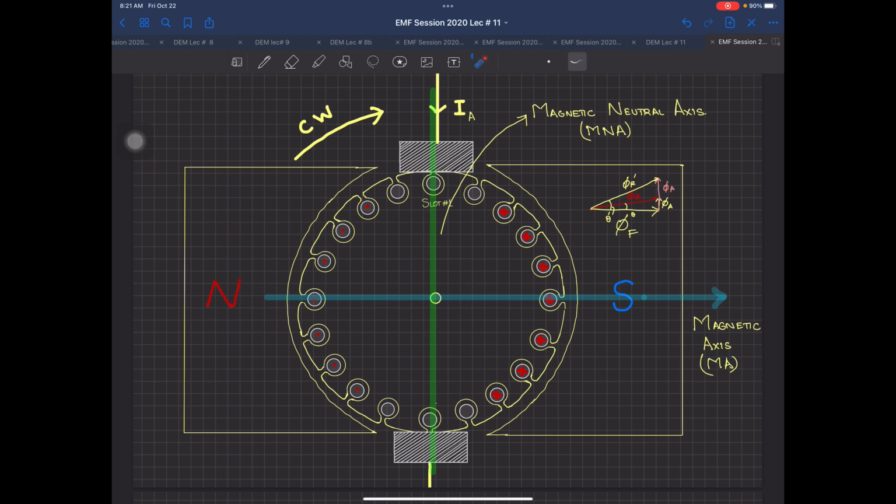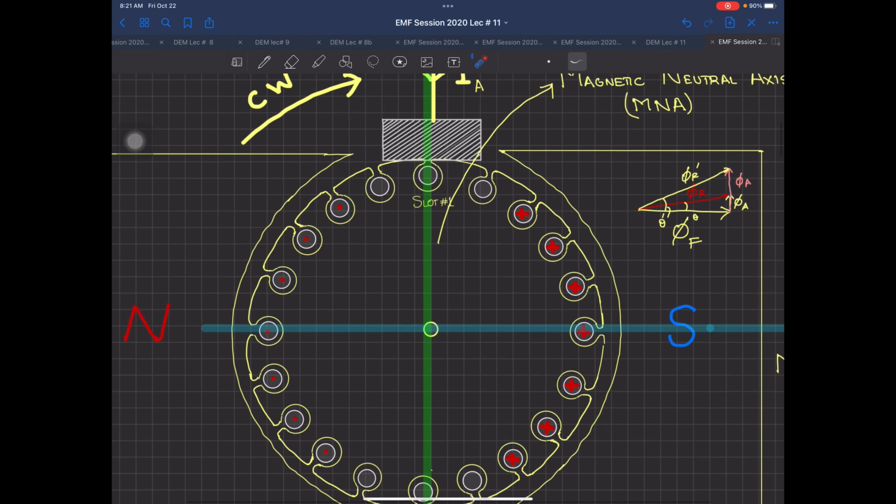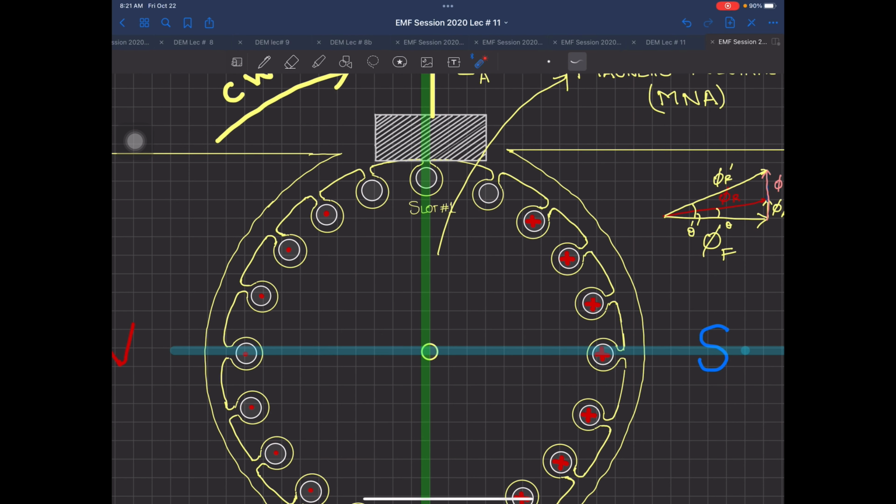Now what does the word neutral mean here? If you look very closely, as I told you in the last diagram, these three conductors, or a bunch of conductors in a practical machine, will have no cross and no dot. Why no cross and dot? Because the magnetic field direction B and the V direction are both parallel or anti-parallel here. So in these three conductors, there is no EMF.